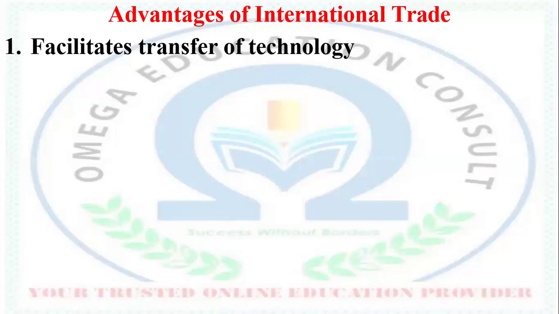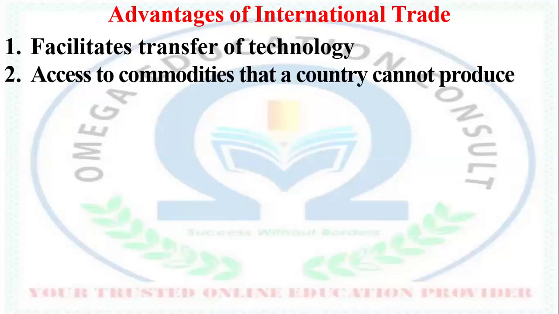Right, so we have drones facilitating the transfer of product from one place to the other. Irrigation technology has also come in, and so on and so forth. Right. Another benefit of international trade is access to commodities that a given country cannot produce.